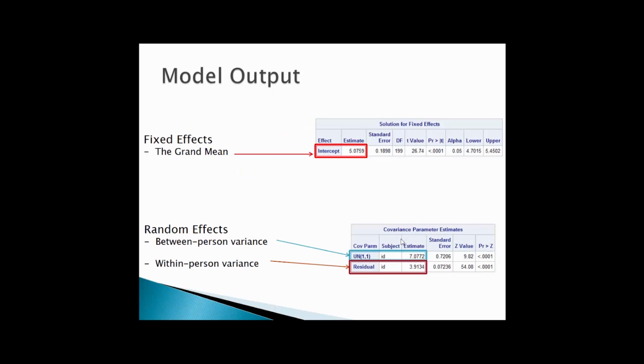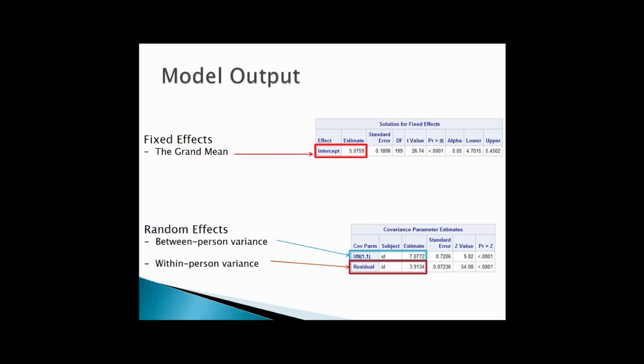And so if we run an empty multi-level model, this is the output that we would expect to see. In the fixed effects portion of our output, we would see just an intercept, and this corresponds to the grand mean of craving across time. I'll interpret this a little more on the next slide, but for now we'll just be comfortable saying that's the grand mean of craving across all persons and all observations.